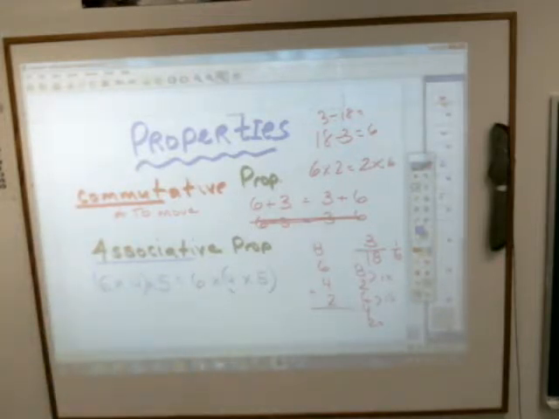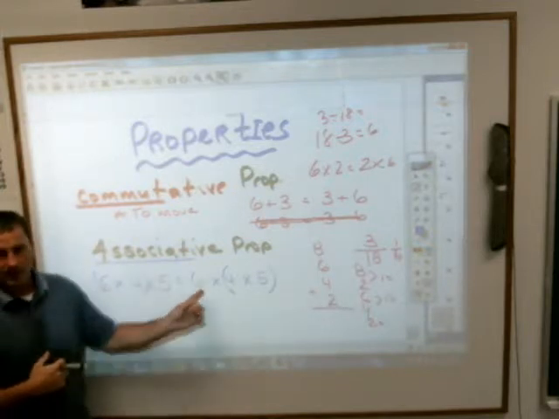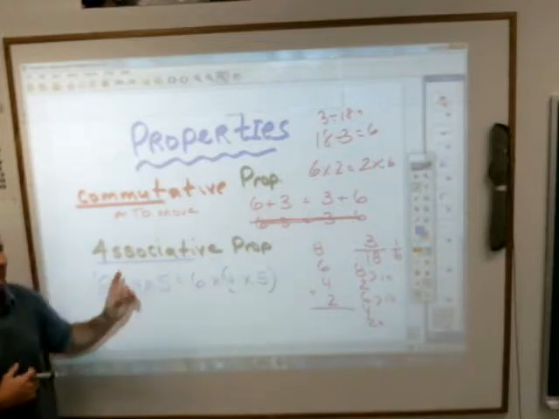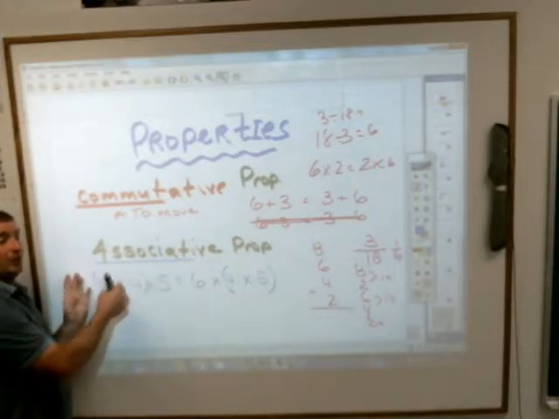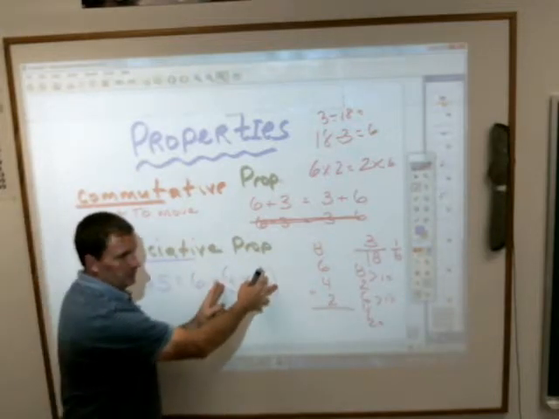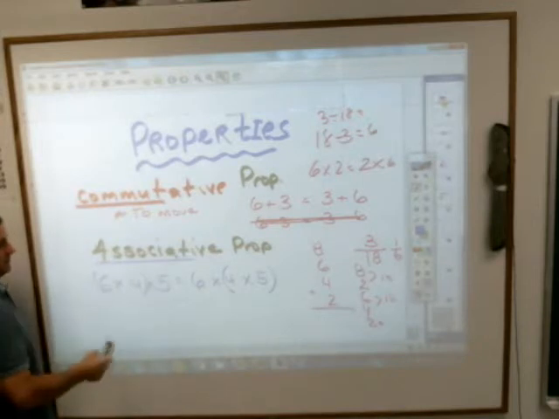Okay? In the associative property, the numbers don't move. That would be the commutative property. In the associative property, you have to have parentheses, and the ones that you associate together change. Okay? I will get the same answer for each of those.